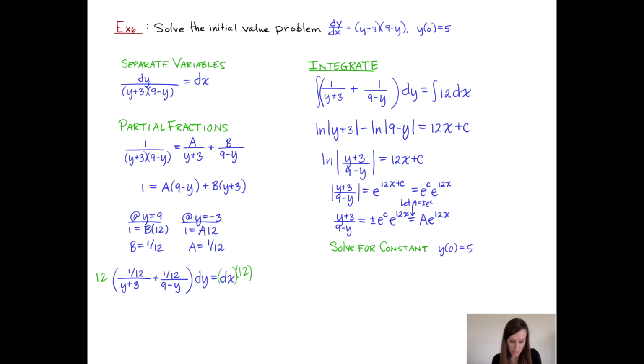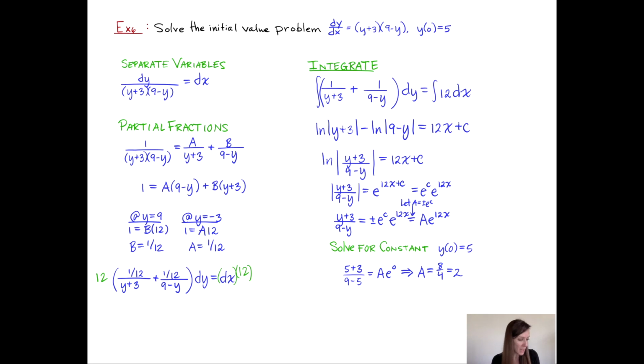So subbing in 5 for the left-hand side of this equation, we would have 5 plus 3 divided by 9 minus 5 is equal to A e to the 0. And e to the 0 is 1, so we have A is equal to 8 over 4, which reduces down to 2.